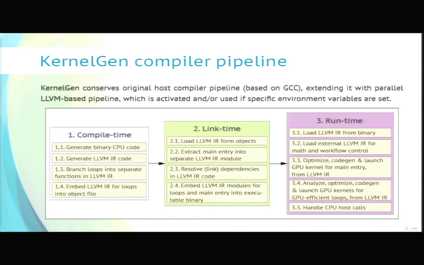The compiler pipeline is as usual. Please note we are a real compiler, not a source-to-source compiler. We have compile time, link time, and runtime parts. But what is unusual is the structuring of different steps between these phases.